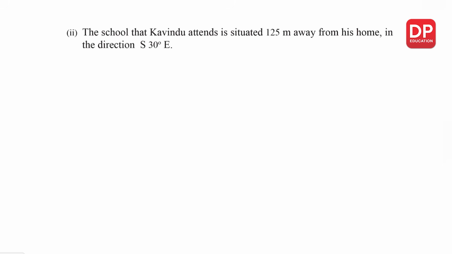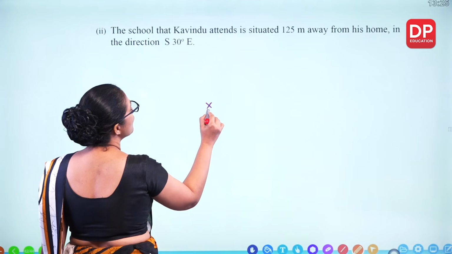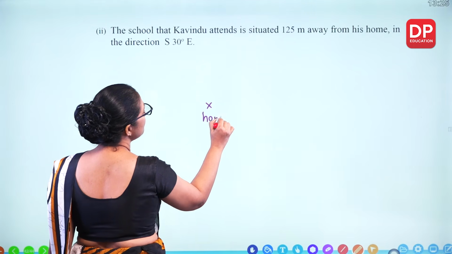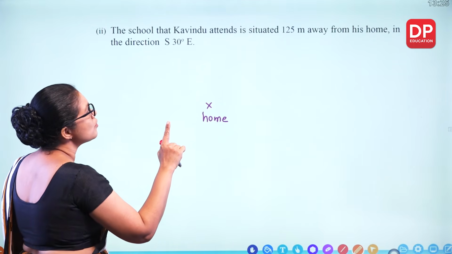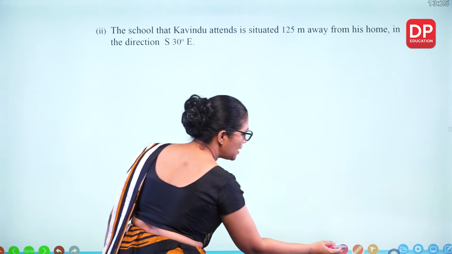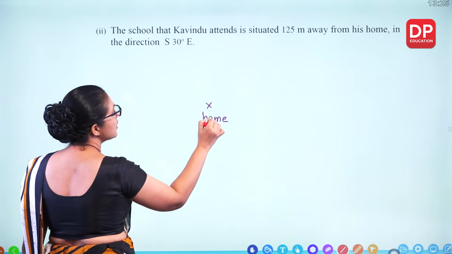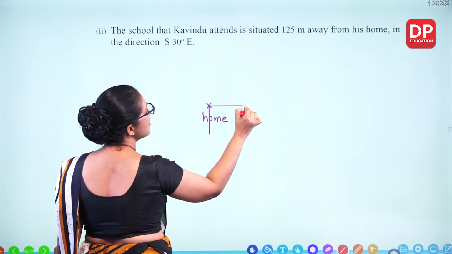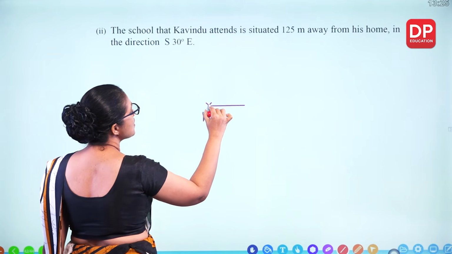The school that Kavindu attends is situated 125 meters away from his home. So, if it's home, 125 meters away from his home in the direction south 30 east. South and east 30 degrees from south.